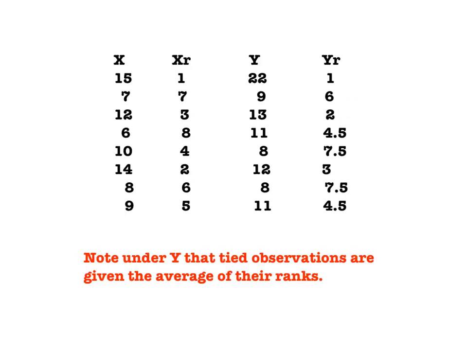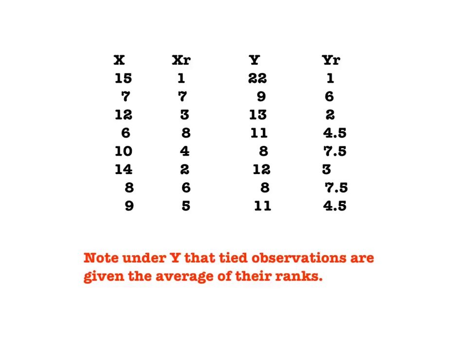Now, further down, there are some observations that are tied. For example, we have 2 11s and we have 2 8s. We'll deal with the 11s first. So moving on through the list of the numbers here, 12 is the third highest observation, so it gets a rank of 3. The 11s would be ranked 4 and 5, and the average of ranks 4 and 5, or 4 plus 5 divided by 2, is 4.5.